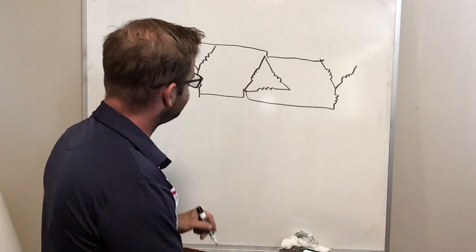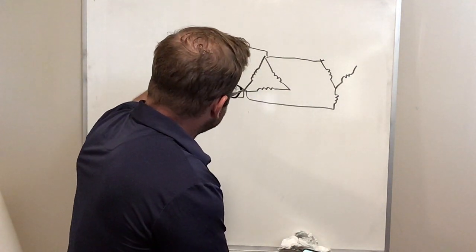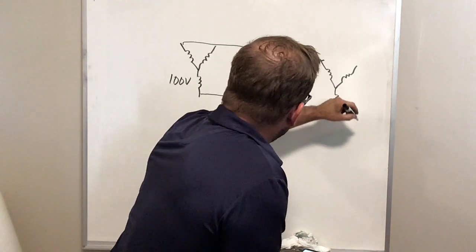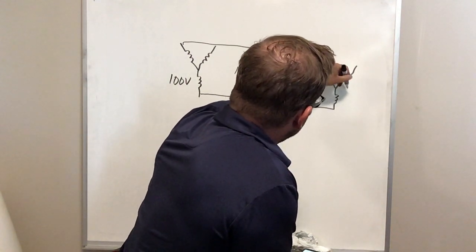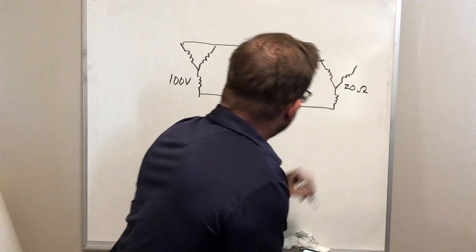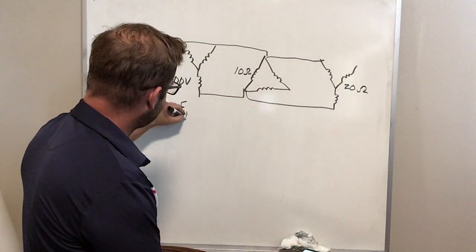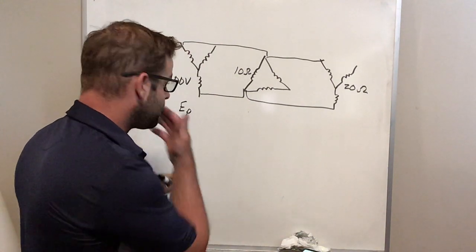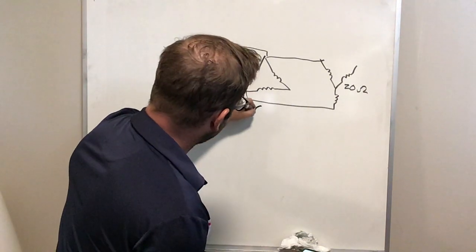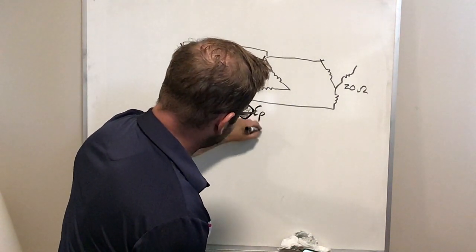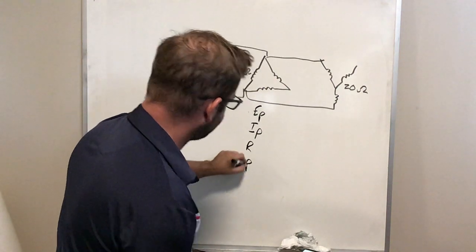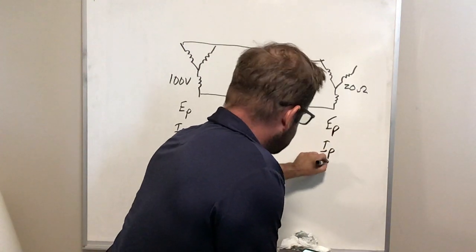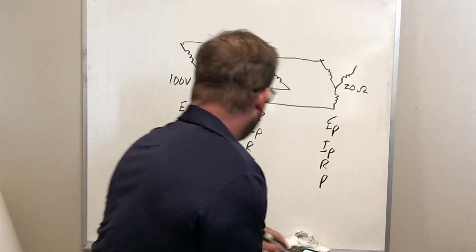I'll try and clean up a little bit, and we'll make this 10 ohms per phase, and we'll make this one 20 ohms per phase. So we have E phase, I phase, resistance, and power for each.